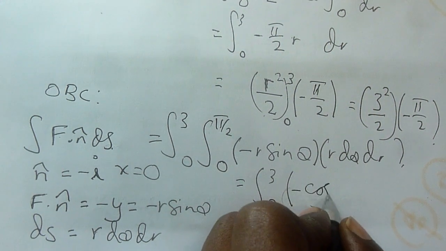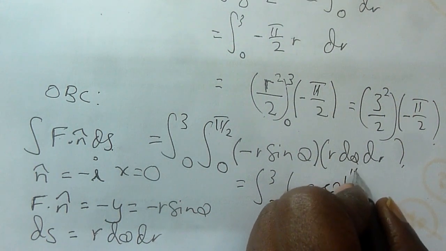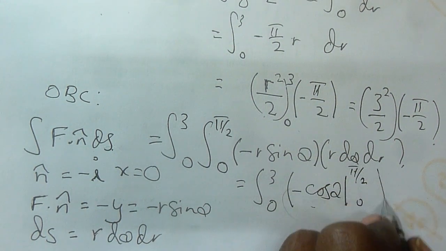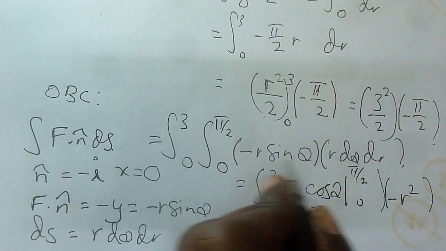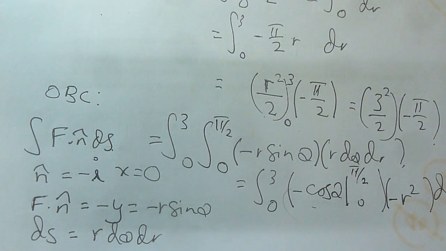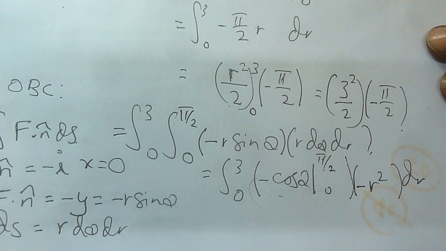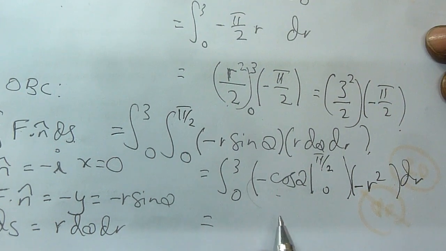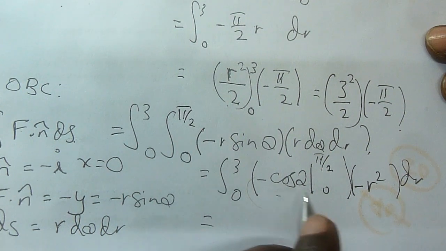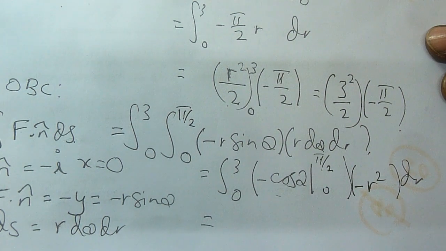It's negative cos θ, here π/2 to 0, and that's negative r² dr. The rest I hope that you can solve. I think I didn't solve this completely yet, but I hope that you can solve this. It's solvable, not that difficult.